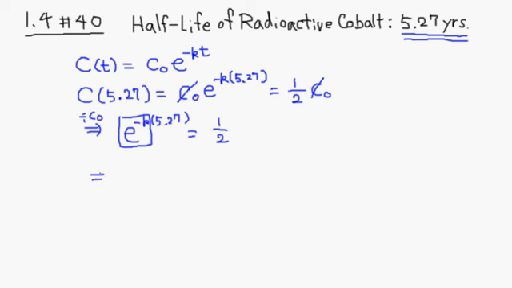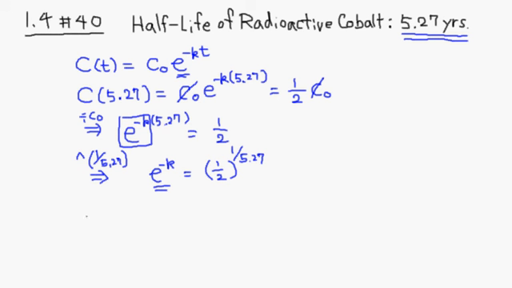So you get e to the negative k is equal to 1/2 raised to the 1 over 5.27 power. This is great because you can put this back in here.